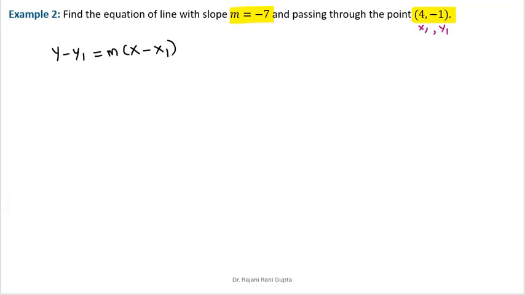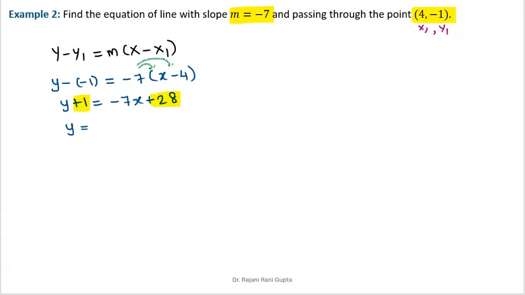This gives you y minus (minus 1) equals minus 7 times (x minus 4), so y plus 1 equals, using the distributive property on the right side, minus 7x plus 7 times 4, which is 28. Now bringing the numbers together on the same side, y equals minus 7x plus 28 minus 1, giving you the equation of line as y equals minus 7x plus 27.